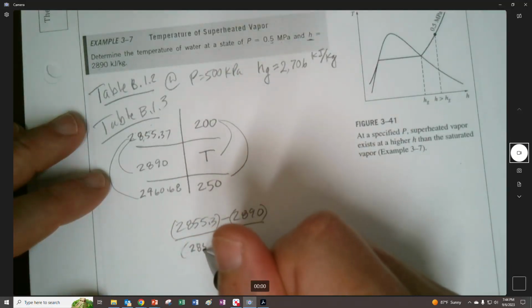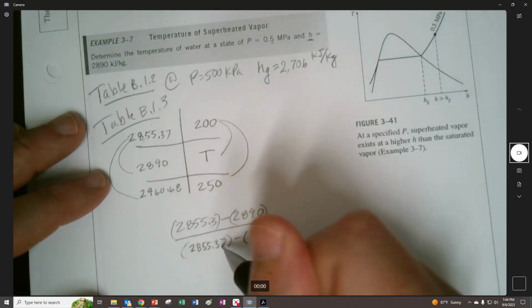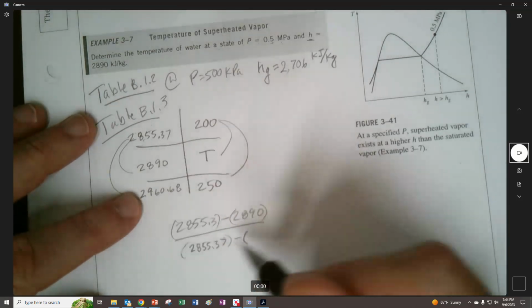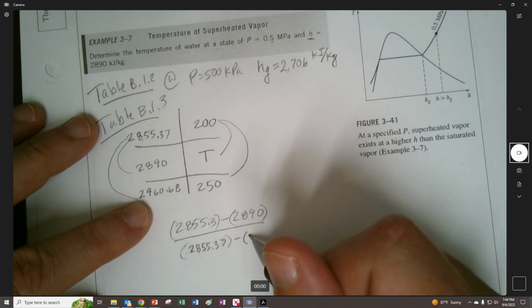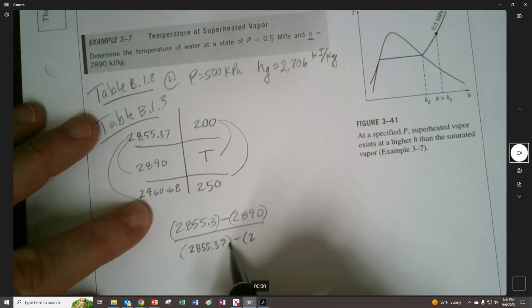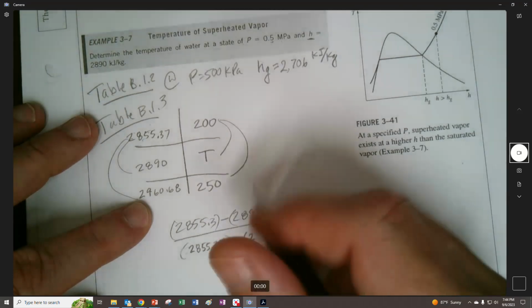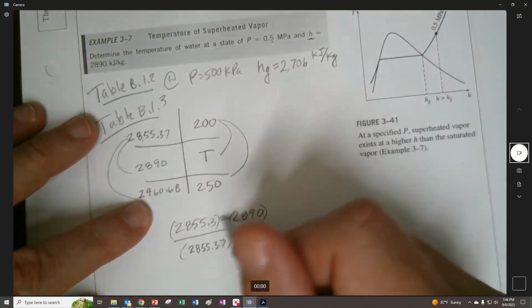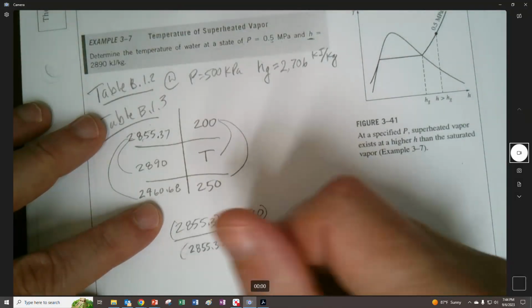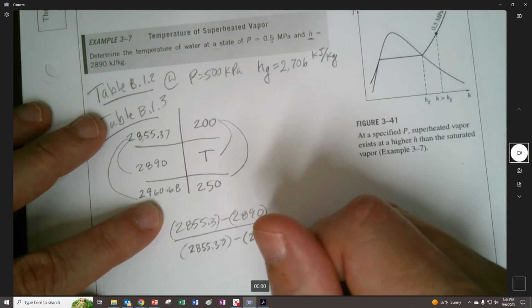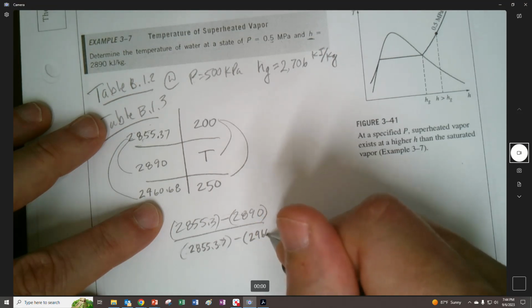And you say, well, it doesn't really matter, does it? Well, you'll get the wrong sign, right? Because it needs to be consistent. Otherwise, the sign will be reversed. So you can see that this is going to make it negative because I'm subtracting a bigger number from a smaller number. But I'm doing it in both this one and this one, so the sign goes away. If you notice that you do this left-hand side and the sign is negative, you did something wrong.